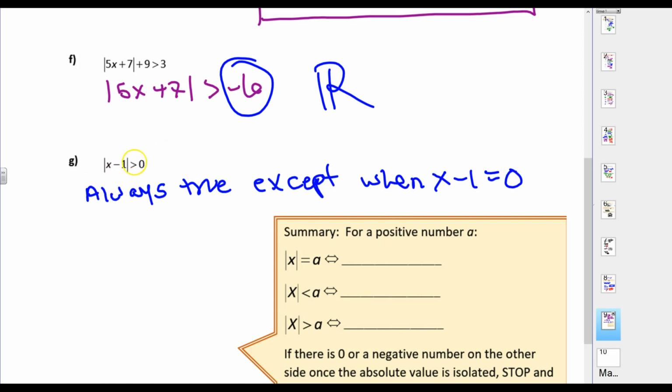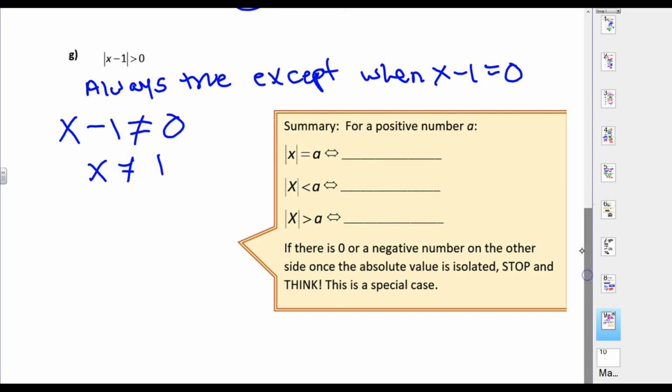It's not greater than or equal to, it's just greater than. So my answer has to be x minus 1 cannot equal 0, therefore x cannot equal 1.